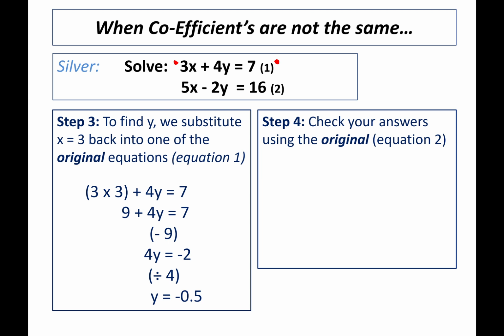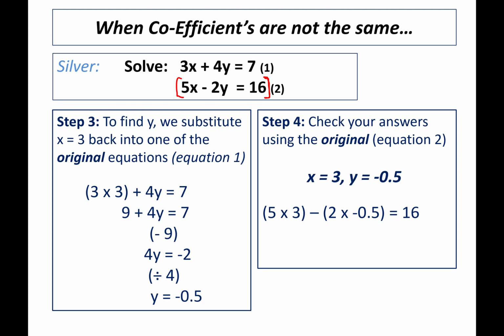Step 4. Check your answers using your original equation 2. So now we check our answers by substituting our values for x and y into our original equation 2. This gives us 5 times 3 minus 2 times minus 0.5 equals 16. This leaves us with 15.